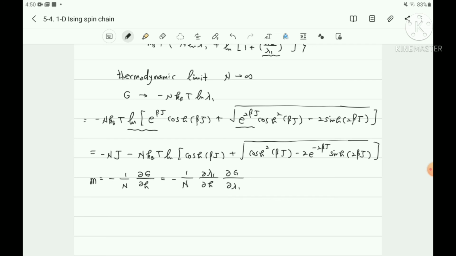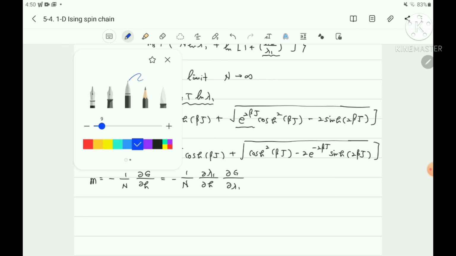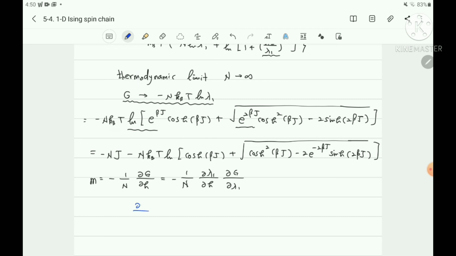From this equation, partial g over partial lambda 1 is minus lambda 1 to the n kBT.